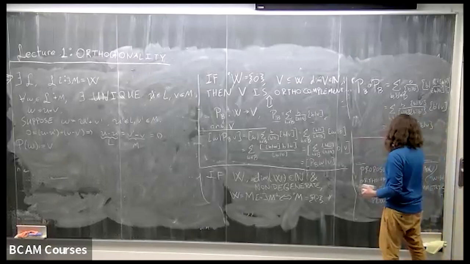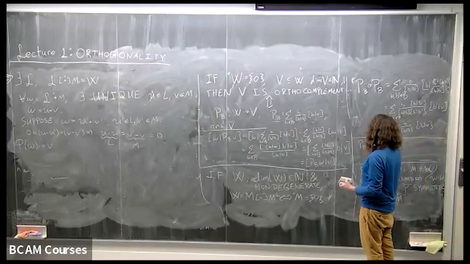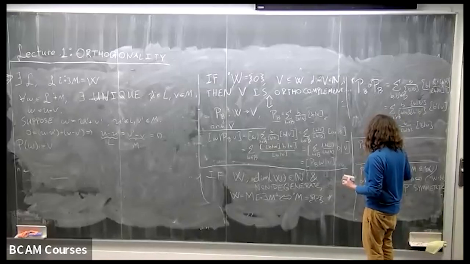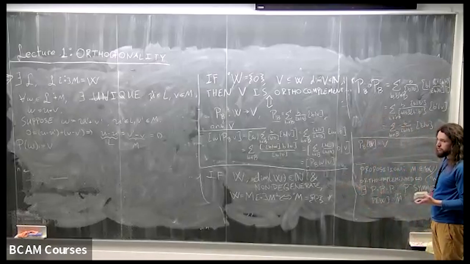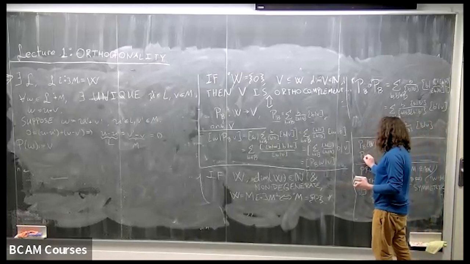The last step is you need to show that its image is the entire space. And so I think the trick to that is showing that we can get all of the basis vectors in V. If we can get all the basis vectors in V, then you can generate all of V. And I think the way to get all the basis vectors is really straightforward. You should just be able to show this.